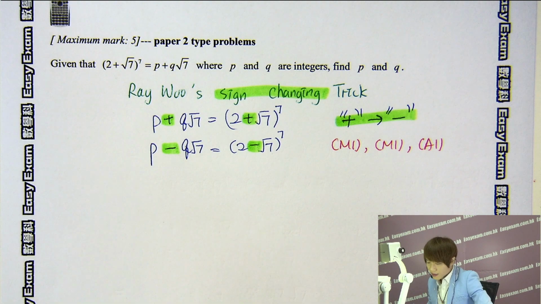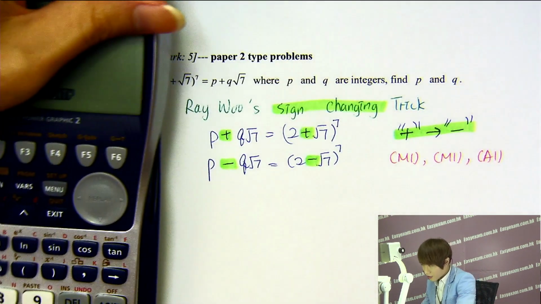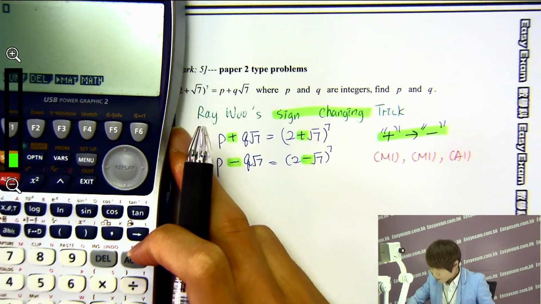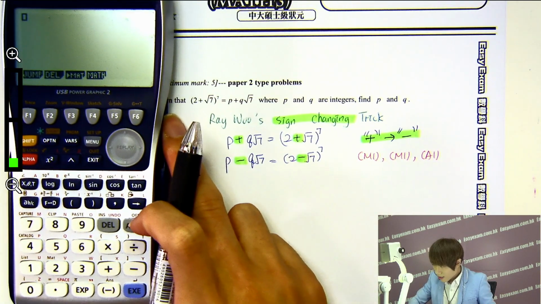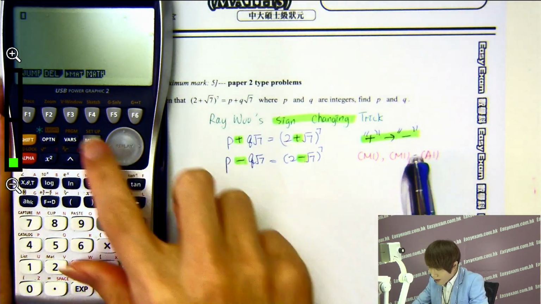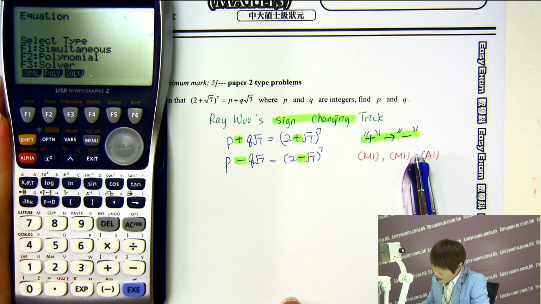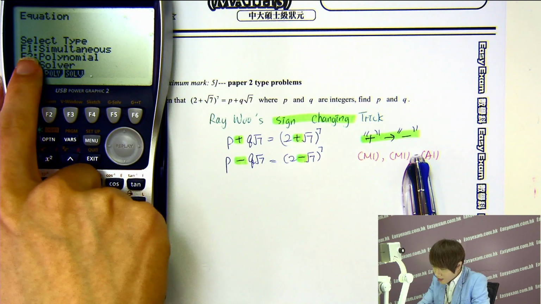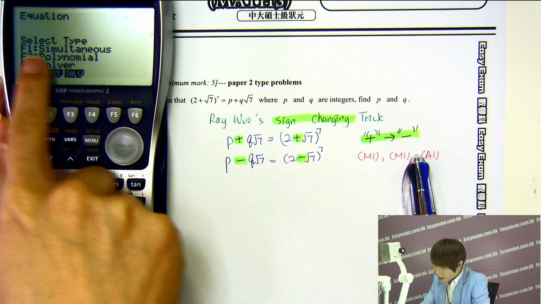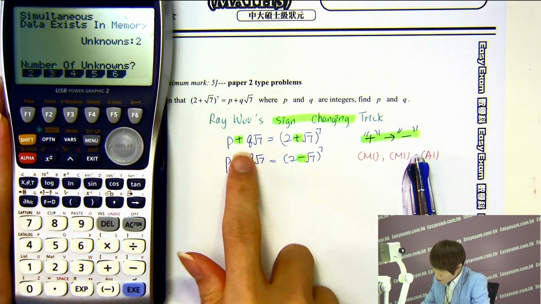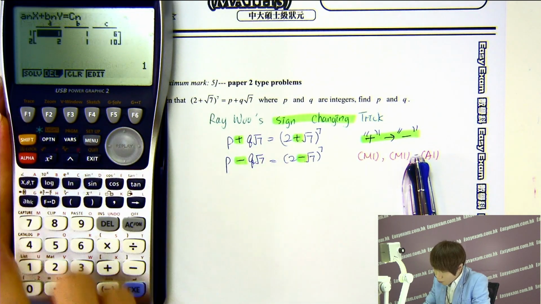So to solve this simultaneous equation, it is time to get back to our GDC. We are going to press menu and then get to the equation box. Now you are going to press F1 for the simultaneous equation. And of course the number of unknowns is 2, p and q, so F1.